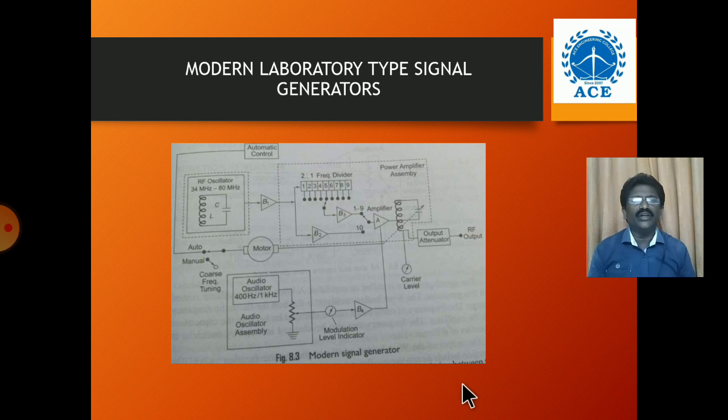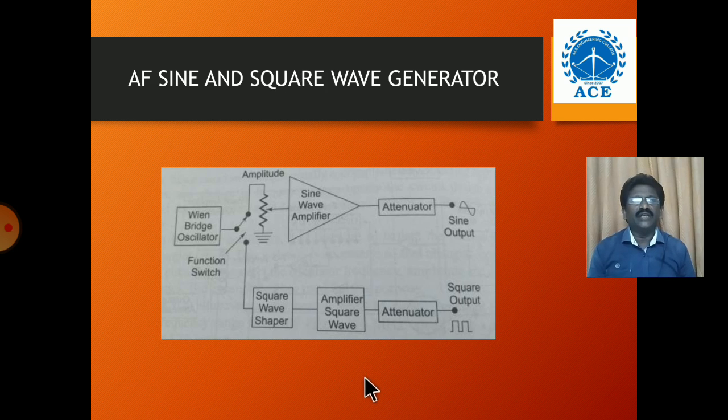Now I am going to explain the AF sine wave and square wave generator. This is the basic block diagram of the AF sine wave and square wave generator. In this figure, the first block is the Wien bridge oscillator.